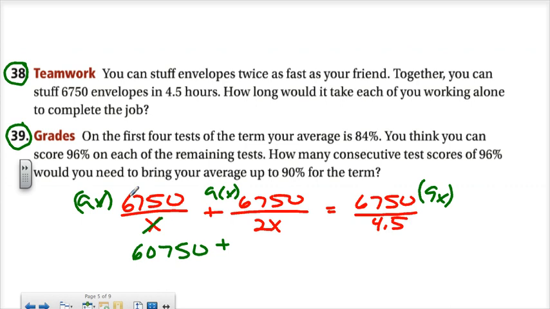Plus, here the 2's, we could go ahead and reduce the 9, even though it would just be a little bit weird with a decimal there, but that's what we're working with in this situation. Take the x's out there, and 4.5 times 6,750, 30,375.